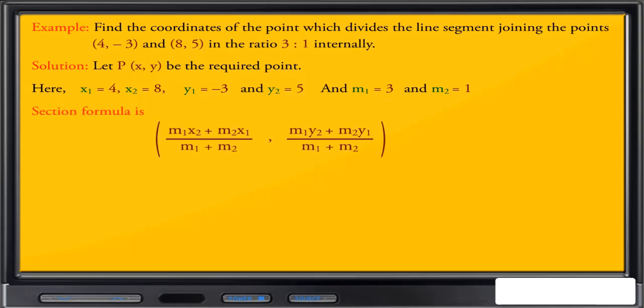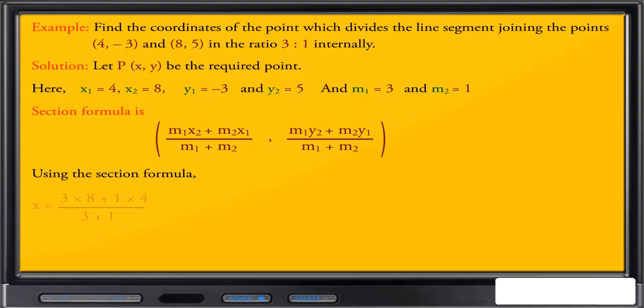Section formula is (m1 into x2 plus m2 into x1 upon m1 plus m2, m1 into y2 plus m2 into y1 upon m1 plus m2).